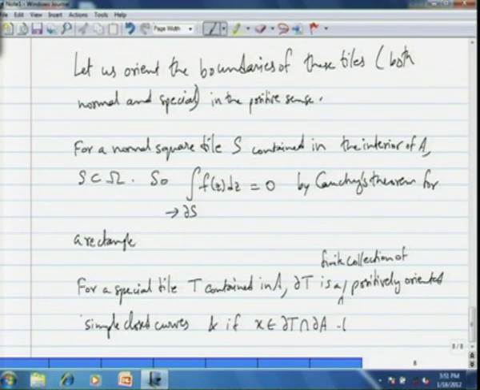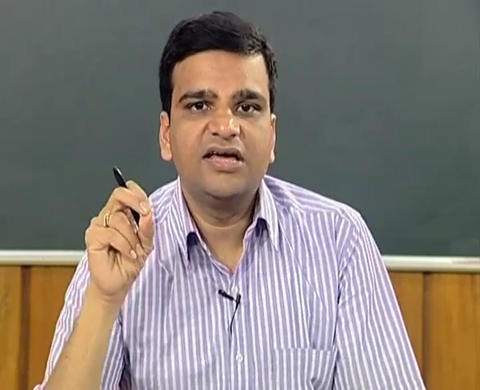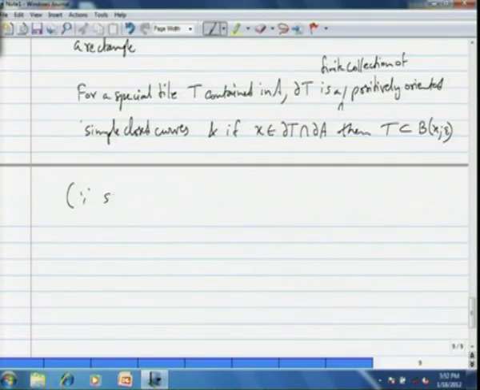Then that special tile T is completely contained in B(x, epsilon) by the arrangement that the side of any square tile is at most epsilon by square root 2. So, since S is strictly less than epsilon by square root 2, you take x to be a point in the intersection, and then this is your epsilon ball.